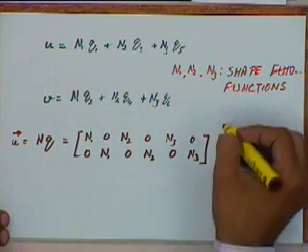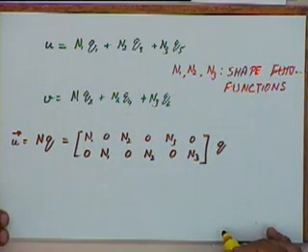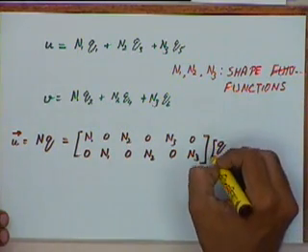The vector q is a column vector of q1 to q6.